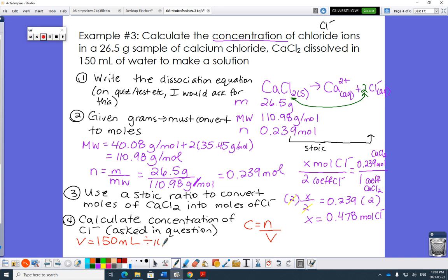Or if you want to show your work, you can. Okay? So 3.19 moles per liter. Make sure your answer has units.